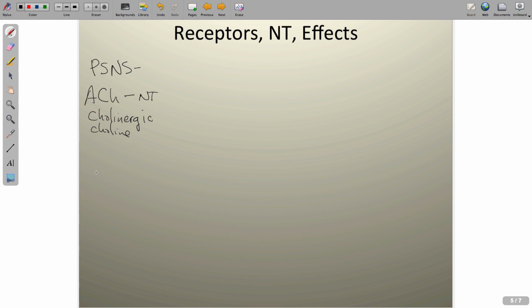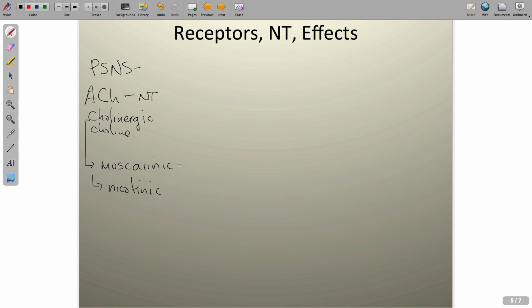All right, so in the parasympathetic nervous system, there are two types of cholinergic receptors, and those two types are called muscarinic receptors and nicotinic receptors.